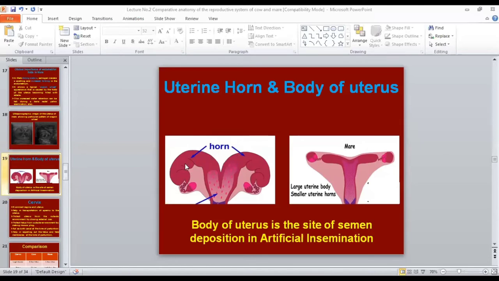In the cow, the shape of the uterine horns is somewhat like ram horns. And here you can see the body of the uterus is longer as compared to the body of the uterus of the cow.